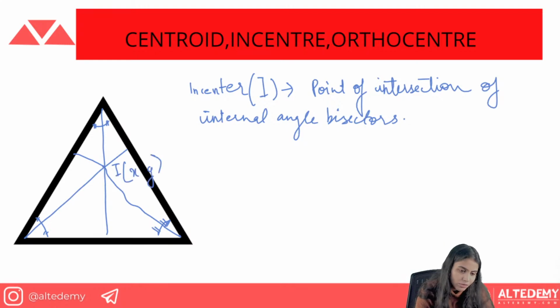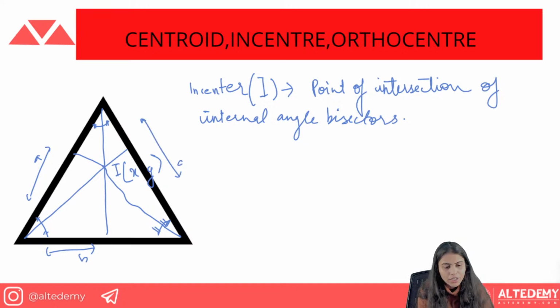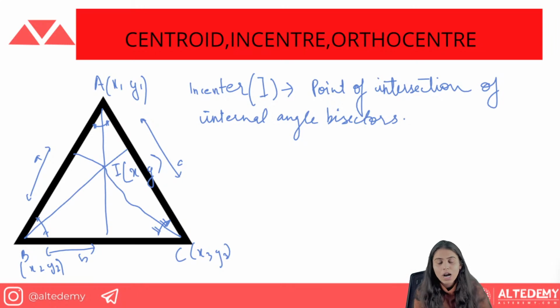Here, what else do we have? We have the sides as A, B, and C. We have these points A, B, C, with x3, y3, x1, y1, and x2, y2. So how do you write the formula for the incenter?